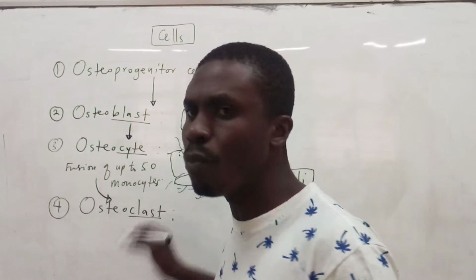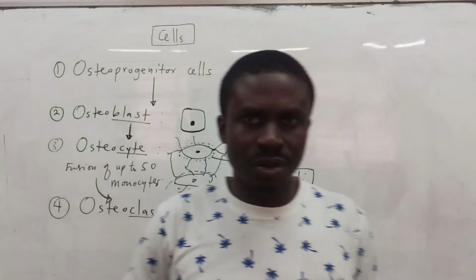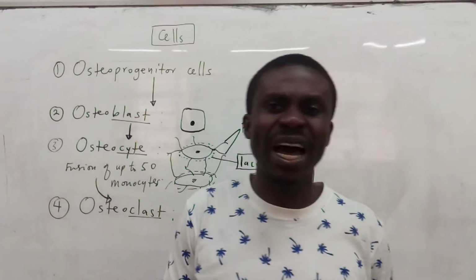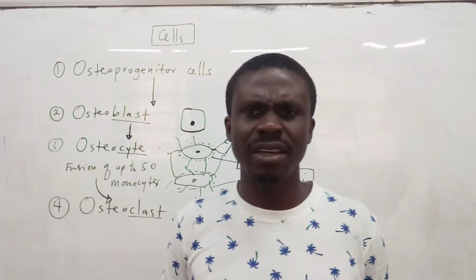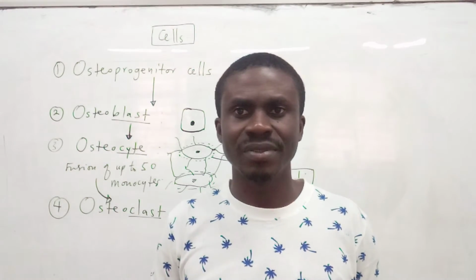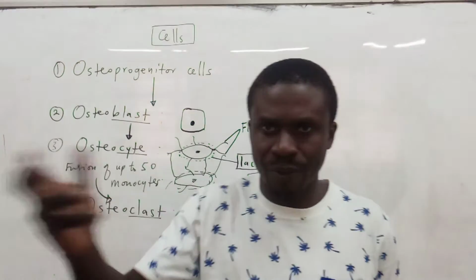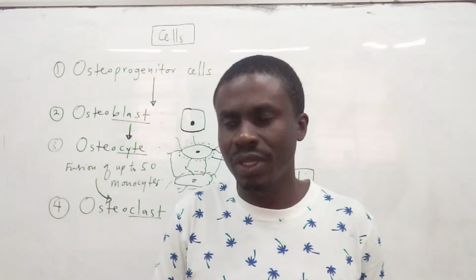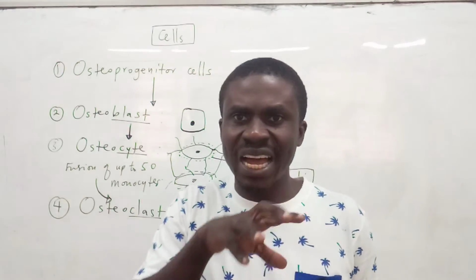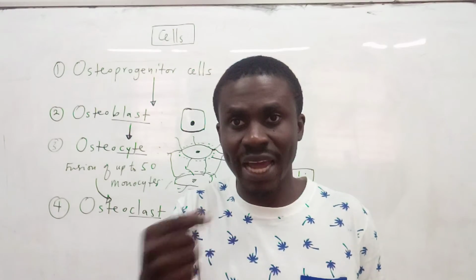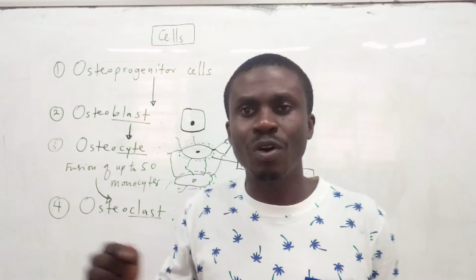Up to 50 monocytes. Now, if you know, monocytes are part of what we call agranulocytes, part of the white blood cells. Whenever they are in the bone marrow, we call them monoblasts. When they leave the bone marrow and come into peripheral blood, their name changes to become monocytes.